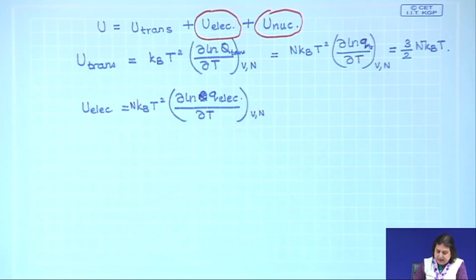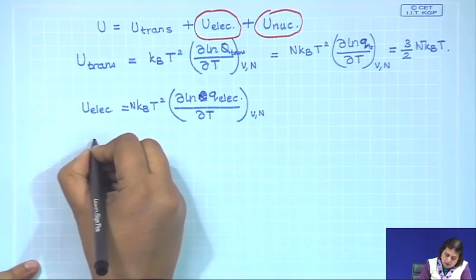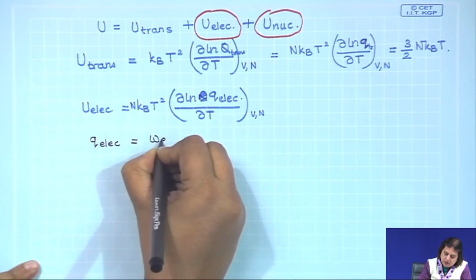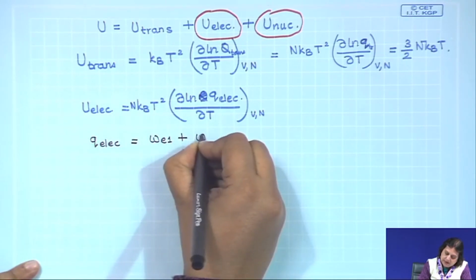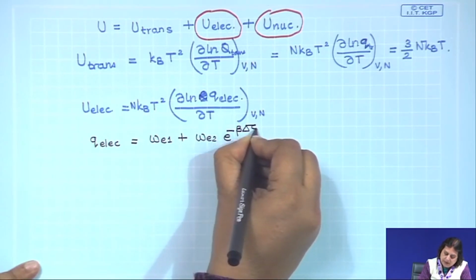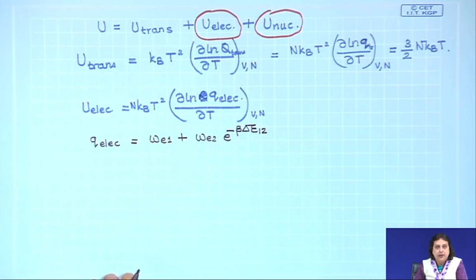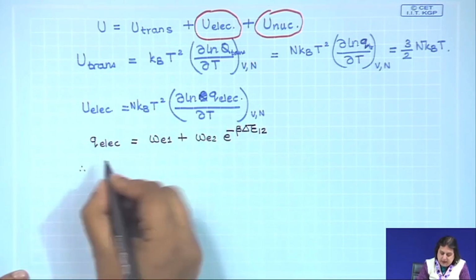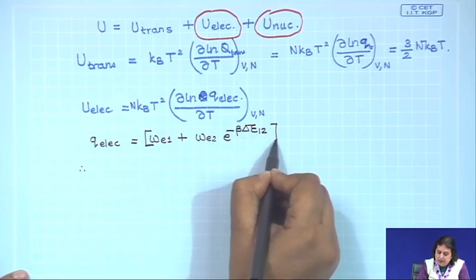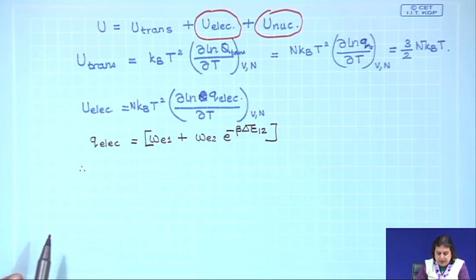And in order to understand this, I should write down what small q electronic is. That we already know is omega E1 plus omega E2 into e to the power of minus beta delta epsilon 1 2. Therefore, if I take a ln of this term, I will be taking ln of this entire summation. Then I am going to look at the temperature dependence of the logarithm of q electronic.